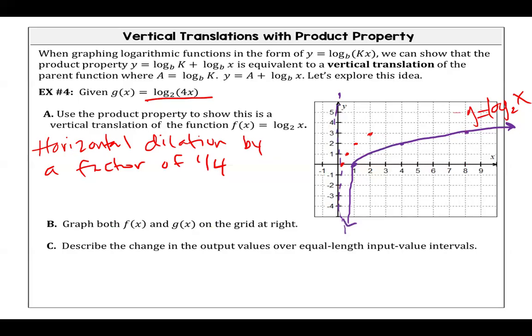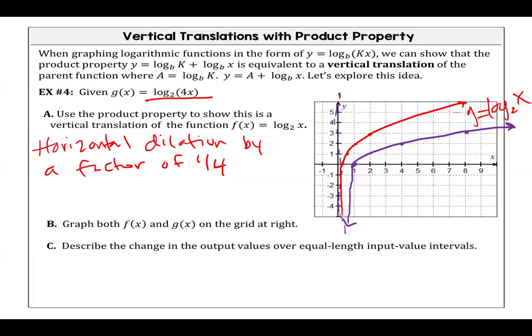I'm going to do my very best to draw this as if I'm a calculator. Okay, that's it as a horizontal dilation. Do you see how this could also be considered a vertical translation after looking at it? So how does this work out to be a vertical translation mathematically?